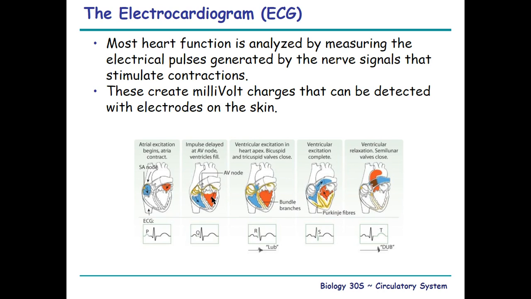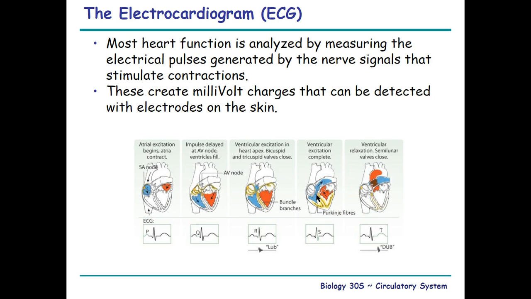And ventricles fill. So the ventricles are filling with blood at this point. The ventricle excitation in the heart apex, right? The apex is this part of the heart. And the bicuspid and tricuspid valves close. So they fill, and then these valves here close. Ventricular excitation is complete.